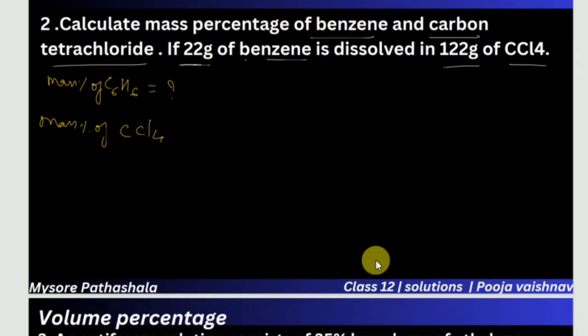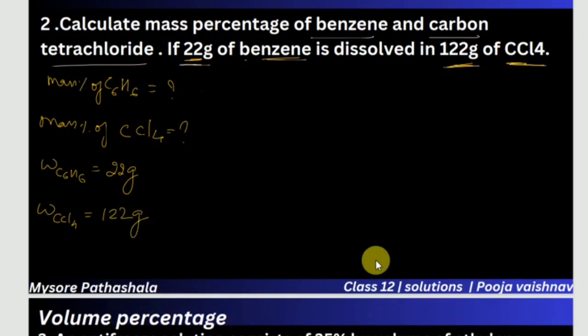We need to find out both values. The mass of benzene is 22 gram, dissolved in 122 gram of CCl4, so the mass of CCl4 is 122 gram.